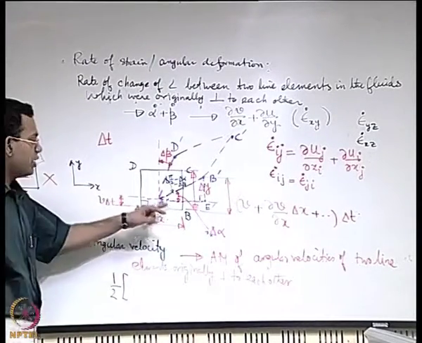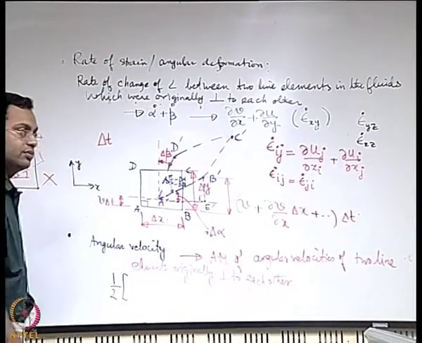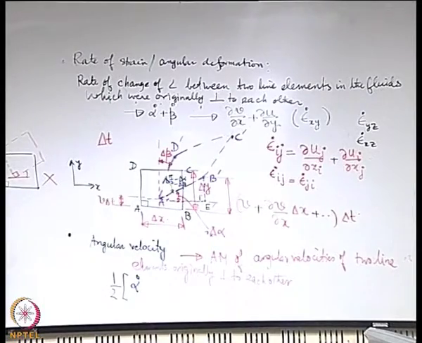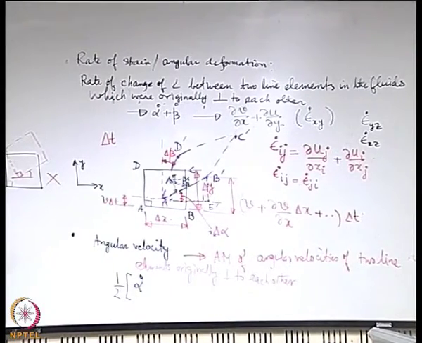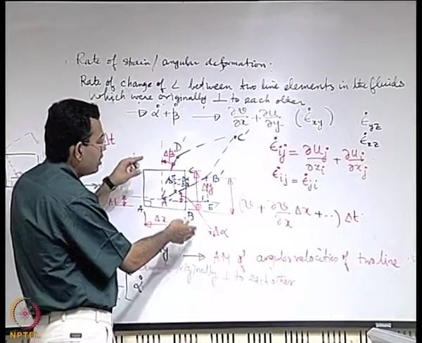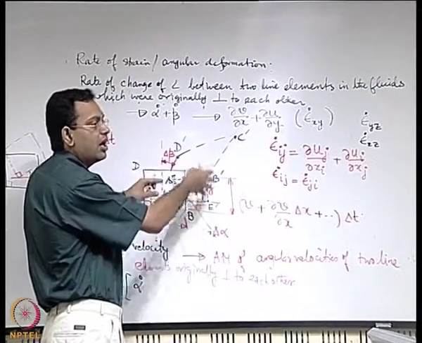So what is the angular velocity of AB? That is alpha dot. What is the angular velocity of AD? According to this figure it is minus beta dot, because alpha dot in this figure is in the anti-clockwise direction.